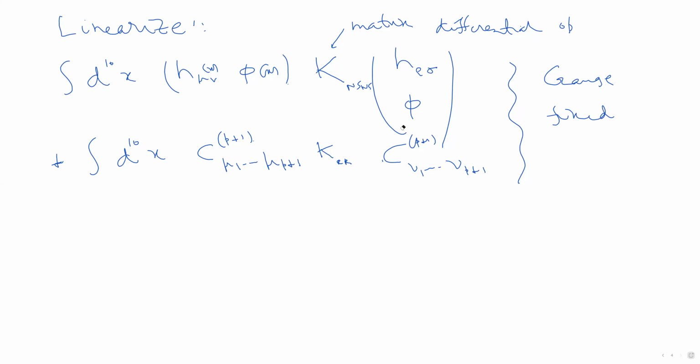Then the final answer doesn't depend on what gauge you have taken, but you have assumed that you have done some gauge fixing. Okay, so that these are irreversible operators.